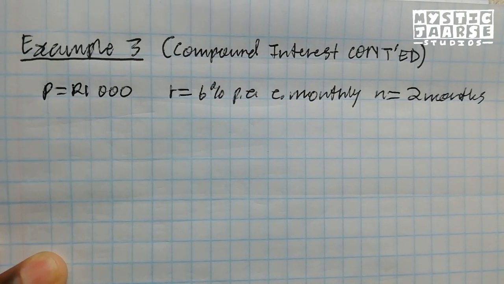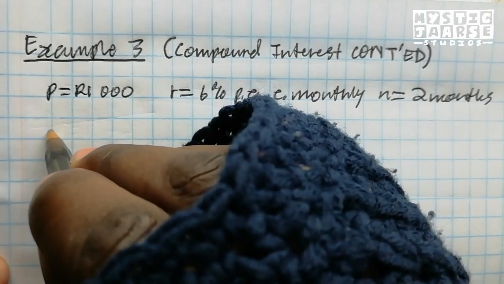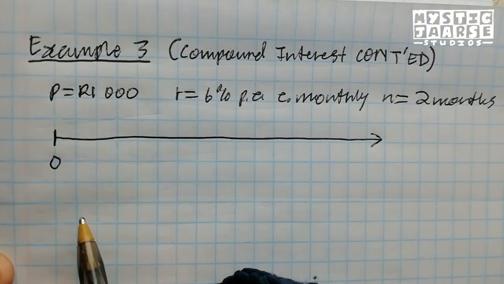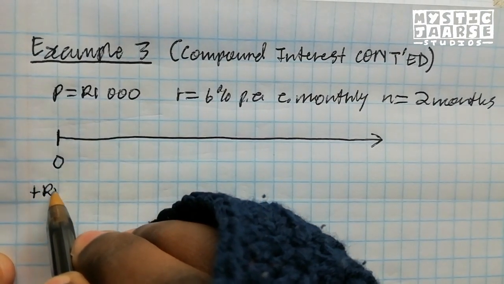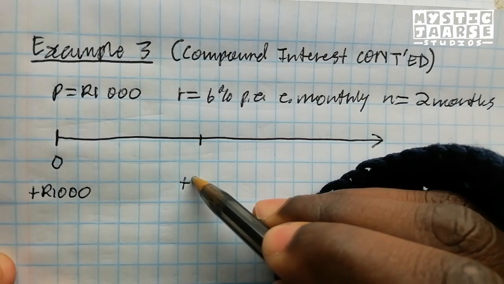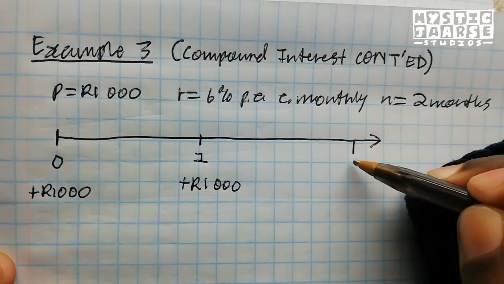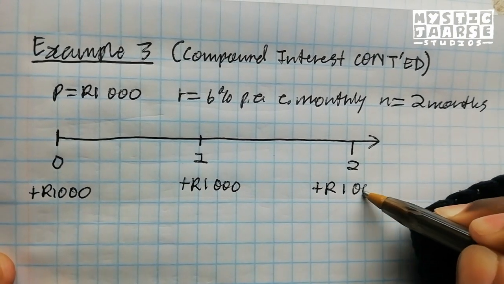So we need to draw a timeline to understand this clearly. Our timeline looks like this. At month 0, they opened the bank account and deposited 1000 rands. And then after 1 month, they deposit another 1000 rands. Then after the second month, they deposit another 1000 rands.